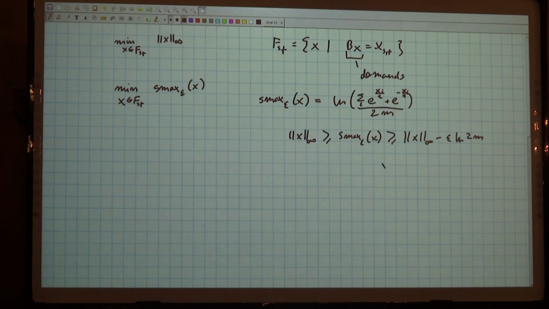The nice thing is that in one dimension, if this is our L infinity function, which is the absolute value function, softmax smoothens it, takes care of this one corner and distributes this curvature over some finite neighborhood. Once we do that, we know that softmax epsilon is 1 over epsilon smooth.